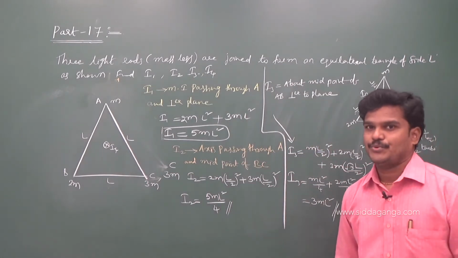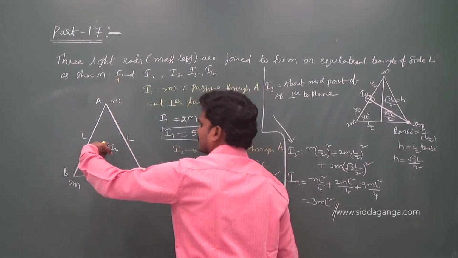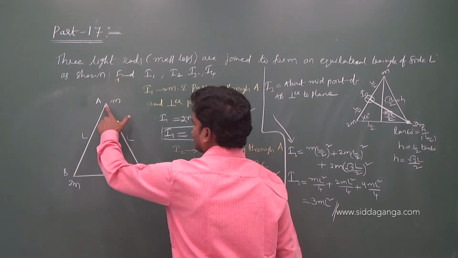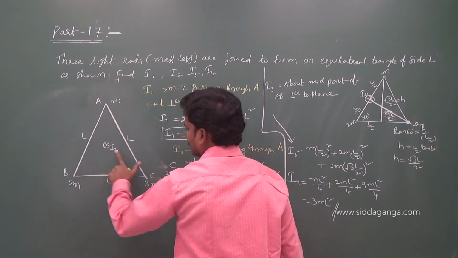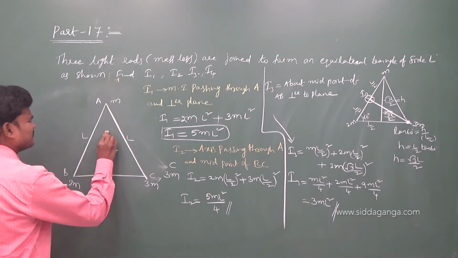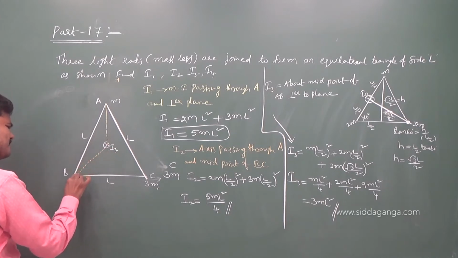Right, I4. So identify the distance. See, the axis is into the board like this. The axis is into the board, and identify the distance from here to here, here to here, here to here. Try to identify these distances. This is something x, and this is the same.